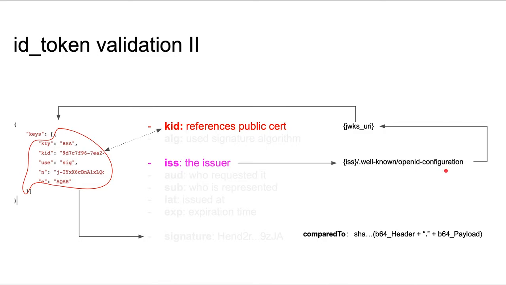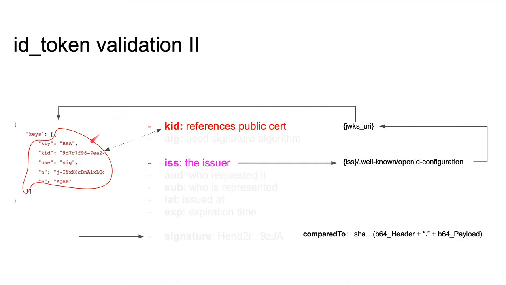This is an unprotected API, and it will return a configuration document, and this document will include the JSON Web Key Set URI.